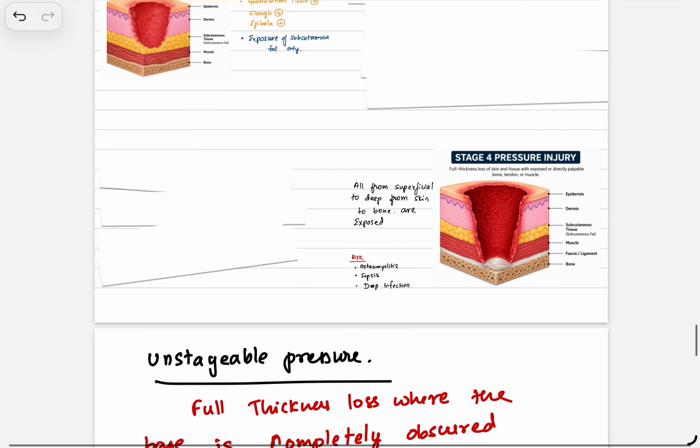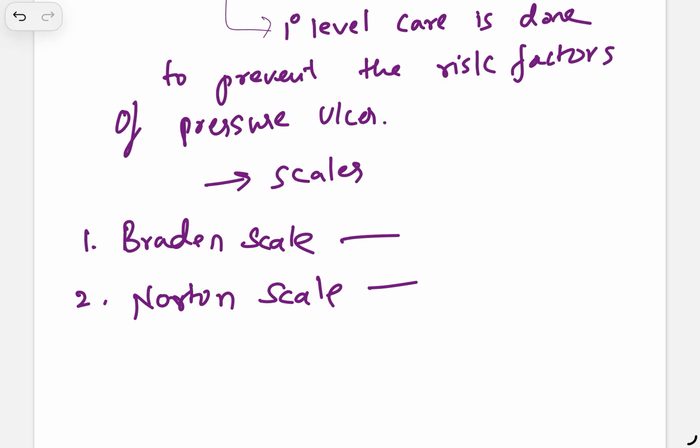Now, after the pressure ulcer has developed, are we going to prevent? The answer is yes and also no. Yes, because you are preventing the surrounding tissue from getting a pressure ulcer, and no, because you are treating the wound. I will tell you correctly: think of this as the wound, and these are the surrounding tissues.